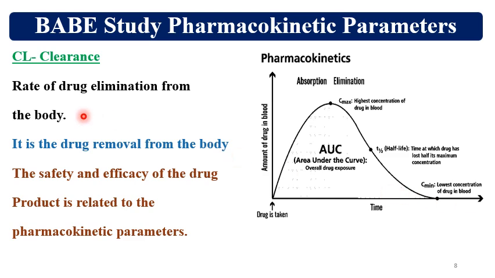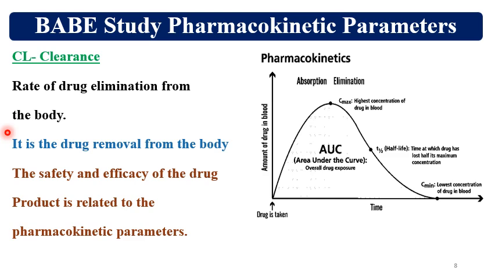So then coming to the clearance. As we have understood absorption, distribution, then metabolism, and now elimination. Clearance is related to elimination of the drug. It is the rate of drug elimination from the body, or you can say it is the removal of the drug from the body.